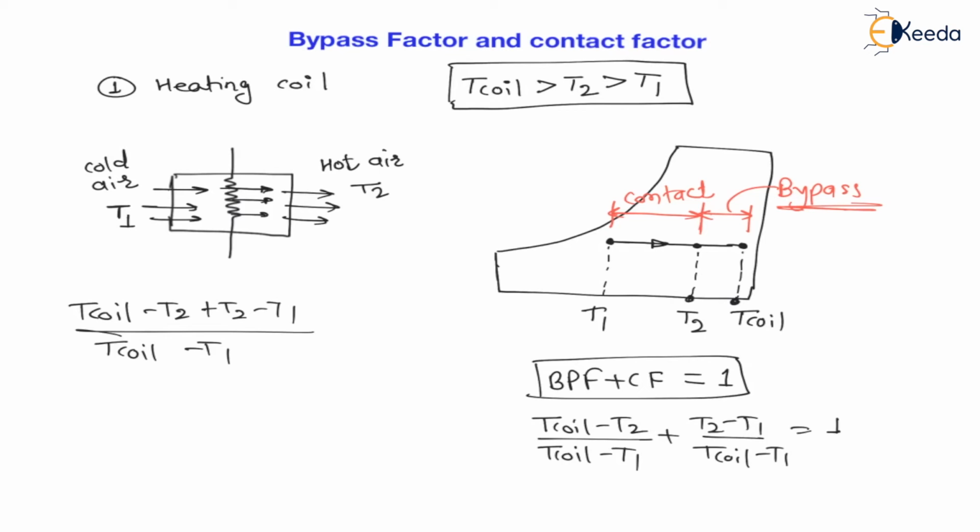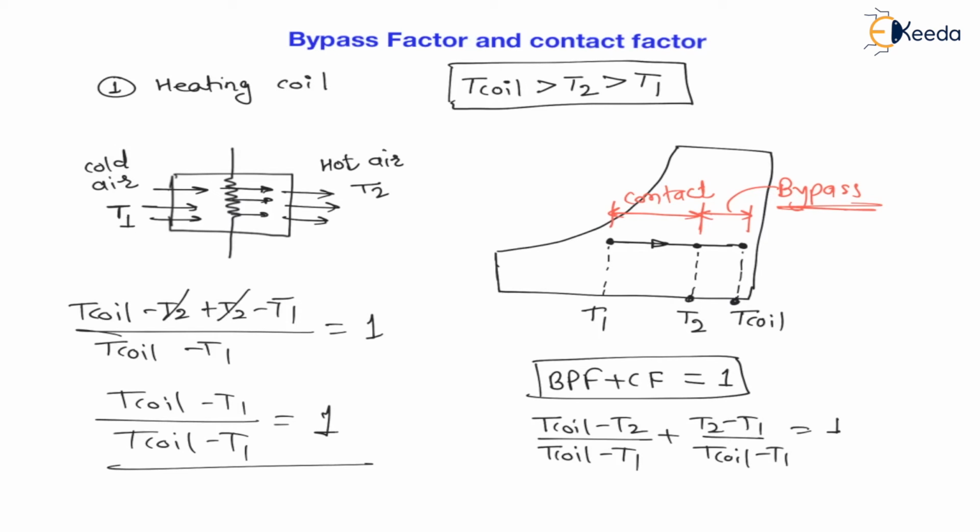Now the T2 will get cancelled in the numerator, minus T2 plus T2 cancels, therefore we get (temperature of coil minus T1) divided by (temperature of coil minus T1), which is equal to 1. Therefore the summation of bypass factor and contact factor is always equal to 1.